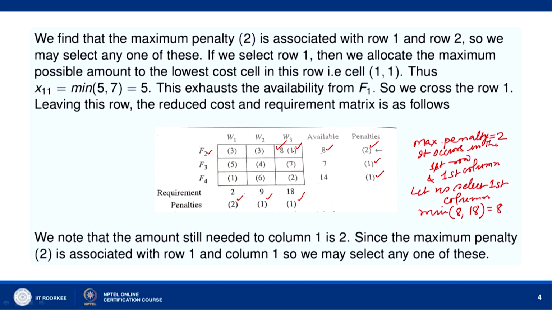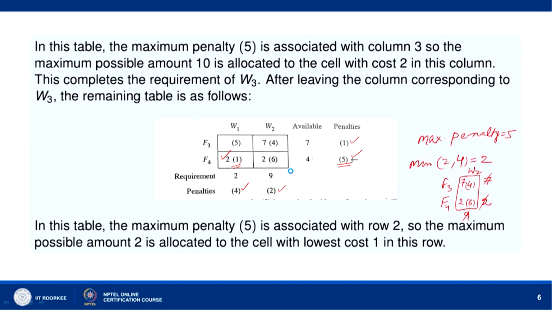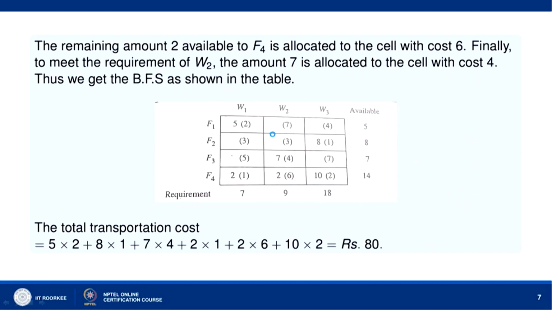We gave out of 8 all 8 to W3, and from F4 we have given out of 14, 10 to W3, and then we have given out of 7 which was available with F3 to W2 with cost 4, 2 to W1 have been given from F4 and 2 to W2 have been given from F4.